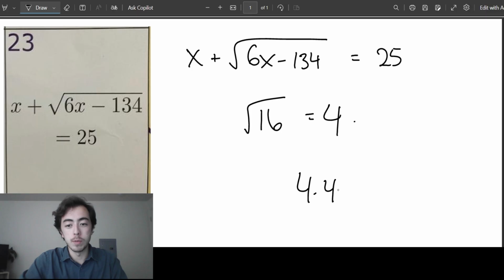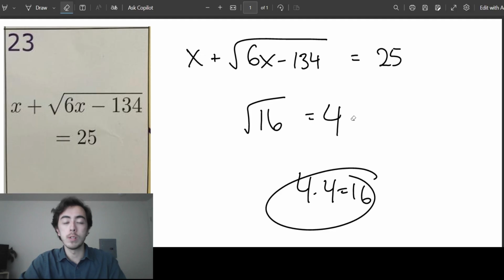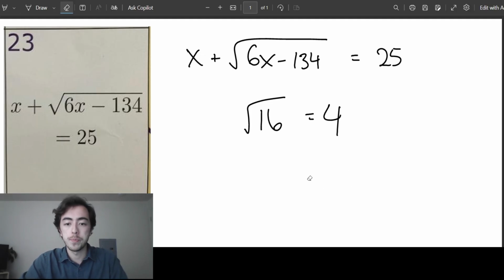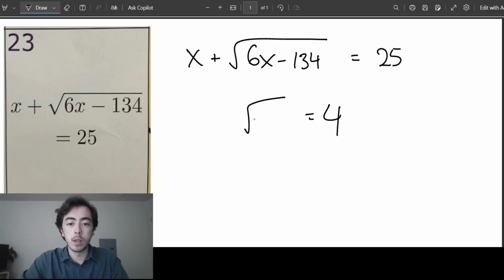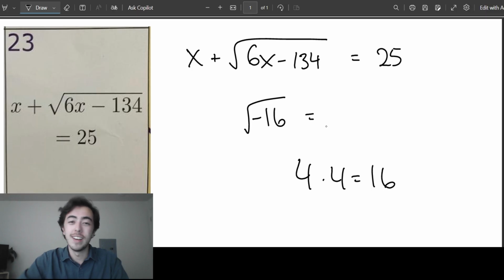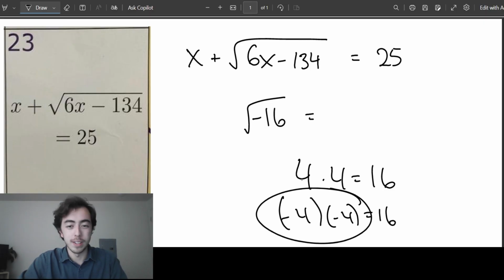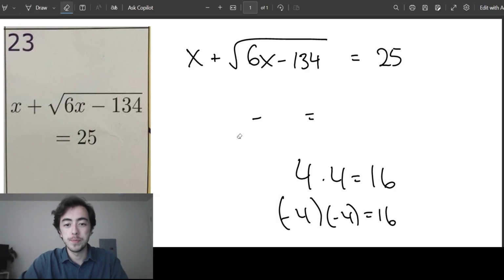If we think about what number we could get when we have a negative number underneath that square root sign, if I try to just use 4 again, I'm going to get positive 16. And if you try to get a little crafty and use a negative number like negative 4, you're still going to get positive 16. So in the real number system, there are no numbers that you can multiply by itself to get a negative.